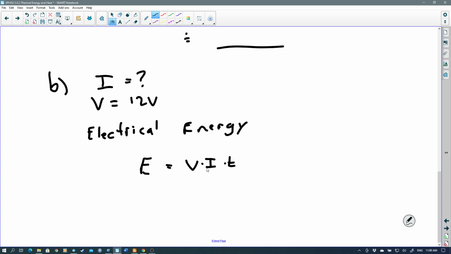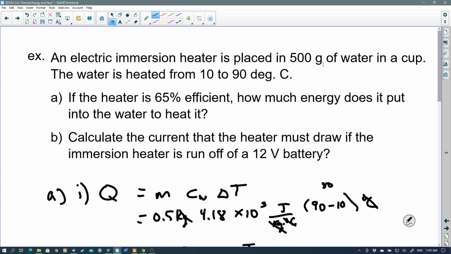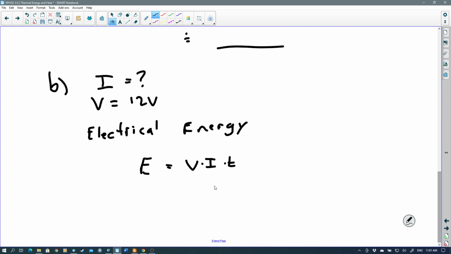So I'm sorry, I forgot to put that quantity right at the top. Let's say that this immersion heater is placed in the cup of water for 5 minutes. We need that time value. It's the only way that we're going to be able to use this equation. So our time is 5 minutes.